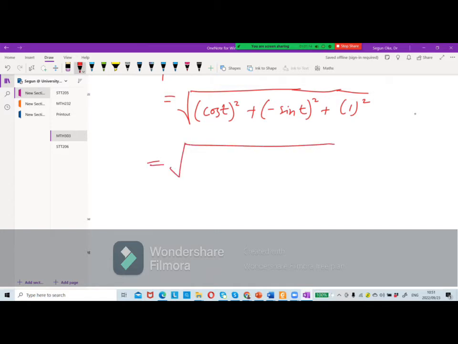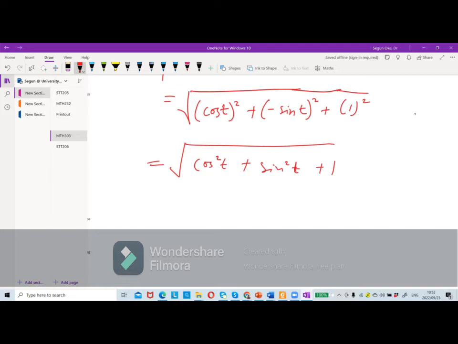Square root of, this is cos squared t, right? Yes, sir. Cos squared t plus sine squared t plus 1.